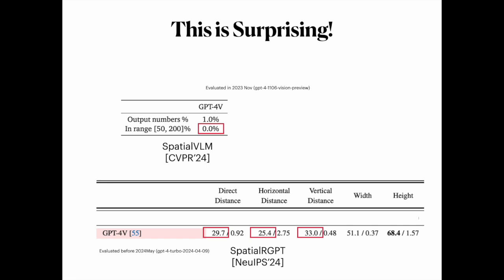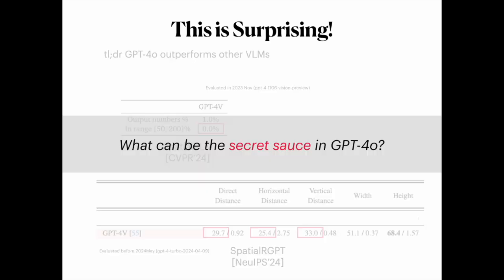Before GPT-4o, prior work suggests that the state-of-the-art VLMs struggled at quantitative spatial reasoning. Here is a streamlined table from the prior work evaluated in the same metric. The strong models like GPT-4v achieved poor performance as well. So when we observed this drastic improvement, we became interested in the gap in between.